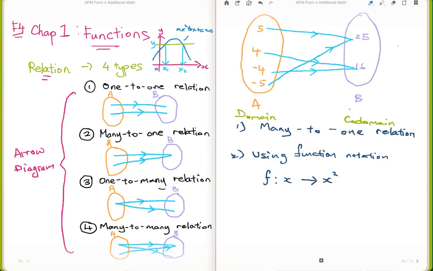Maybe another number is 32. It's in set B, but it's not being mapped. The domain is also called the object.